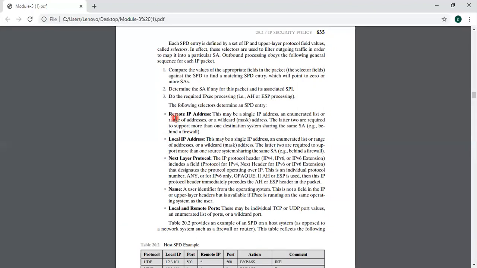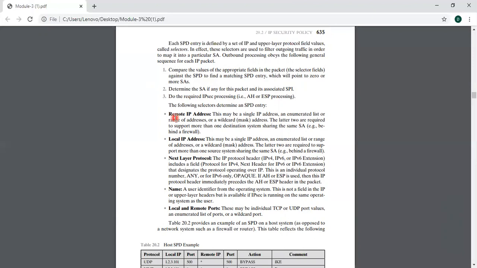Remote IP address means it is required to support more than one source system. When you want to send a packet from source to destination, it will be maintained with some IP address. Here the remote IP address is related to the destination system, and the local IP address is related to the source system.